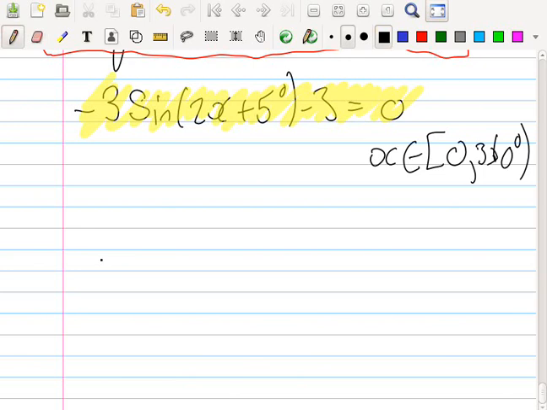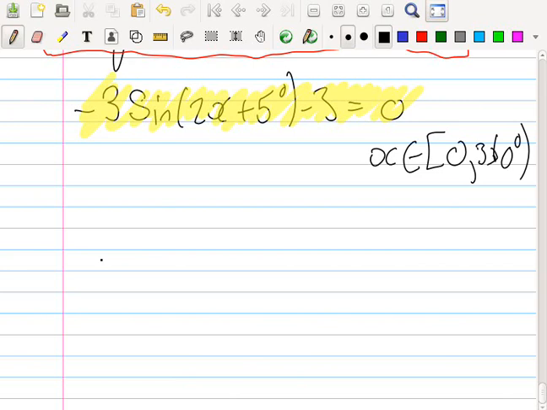And I know from looking at this that I'm expecting 4 answers here. And the way you can tell is that the number of answers should be twice the number on the x. So that's 4. And if it was sine 3x, 6 answers. Also, I tell you the x should be between 0 and 360.